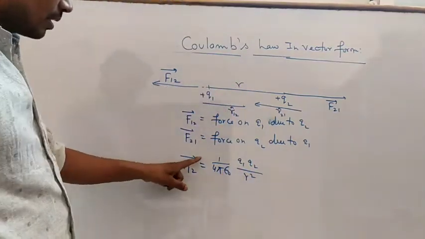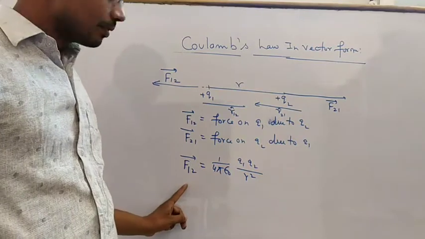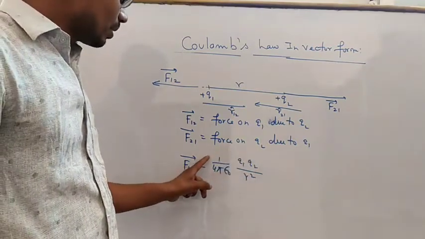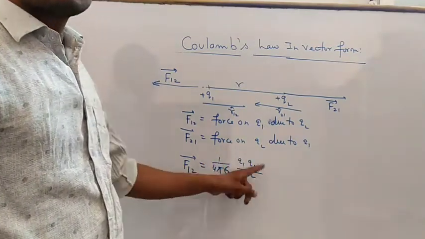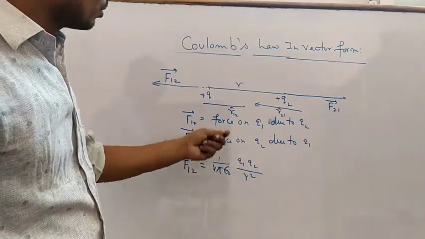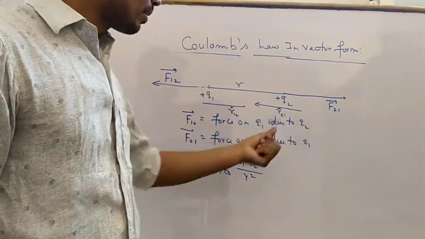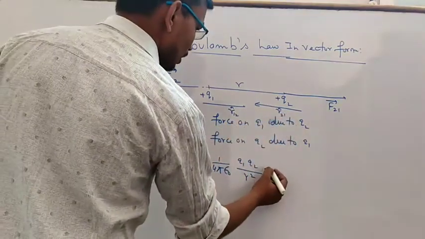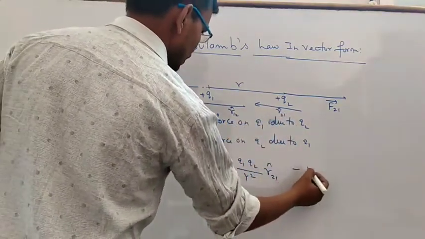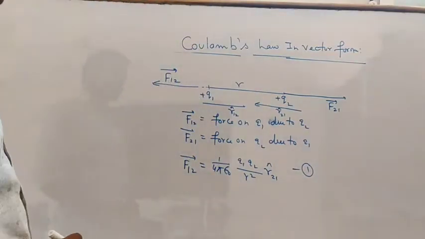Here this is completely scalar, so we want to make it a vector. You have to consider the unit vector along this force, r cap 21. Suppose this is equation 1.